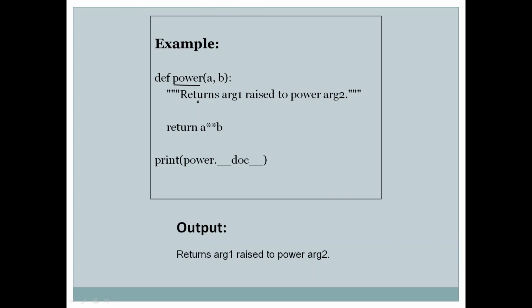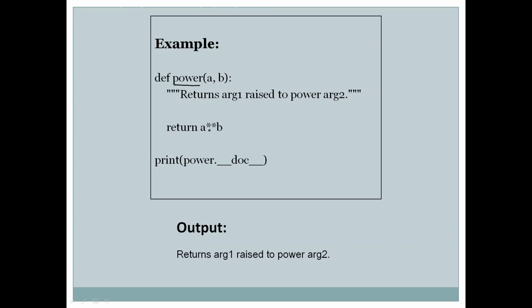So what documentation have we included for this function? We have included: this function returns arg1, that is argument 1, raised to the power of argument 2. We are simply saying this function returns argument 1 raised to argument 2. And the code inside the function, you can see, is return a into b.